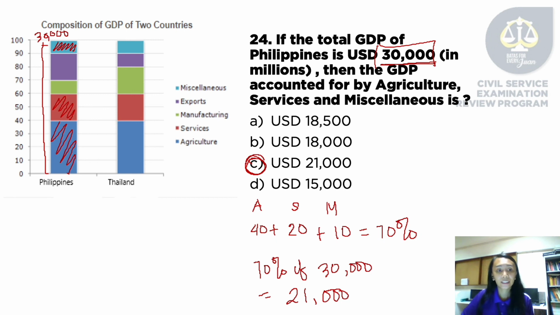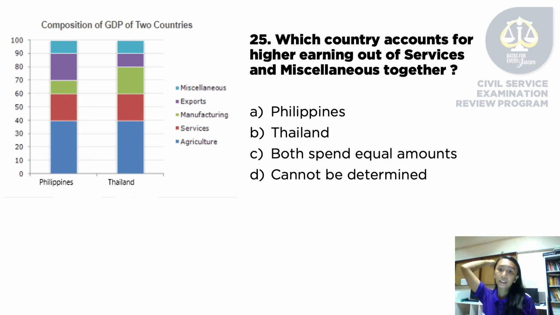Okay, next. Question number 25. This is our last question for this module, for this reviewer in data interpretation. Which country accounts for higher earning out of services and miscellaneous together? Saan daw po ba yung mas mataas? Yung kay Philippines ba or yung kay Thailand?